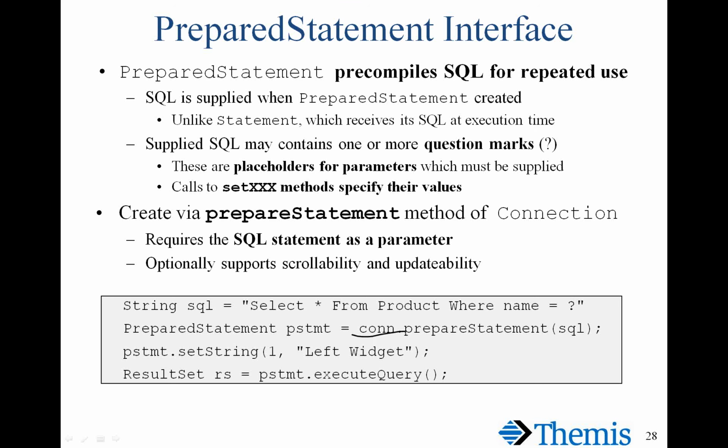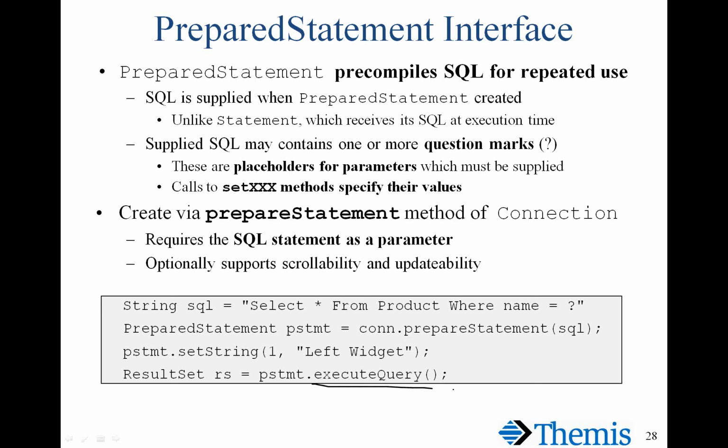So again, we use the connection object, only instead of calling createStatement with no parameters, we call PreparedStatement with the SQL passed into it. And that produces, instead of a plain old statement, a prepared statement. Now, each question mark in the prepared statement is positional, so this is question mark number 1, the only question mark in the statement.